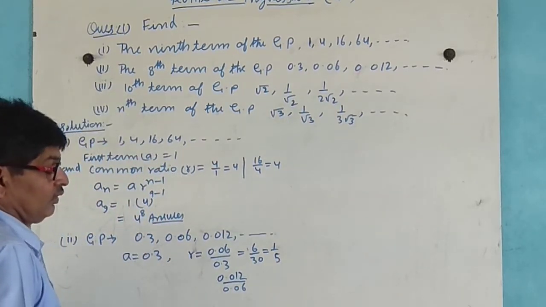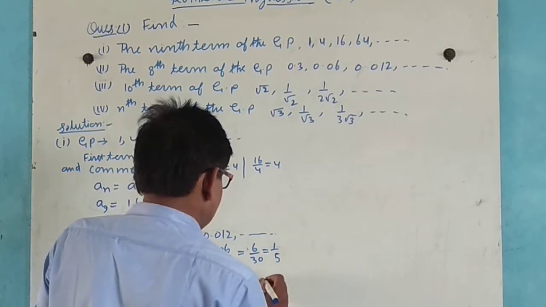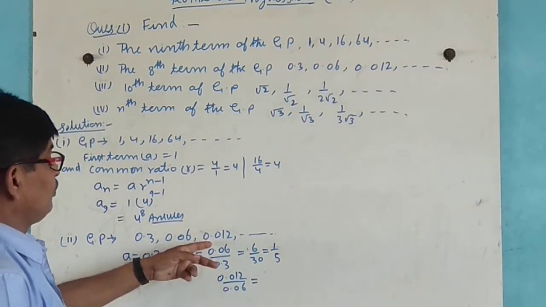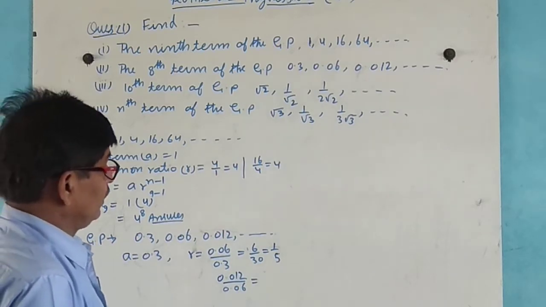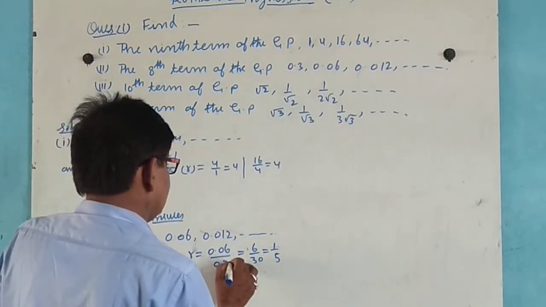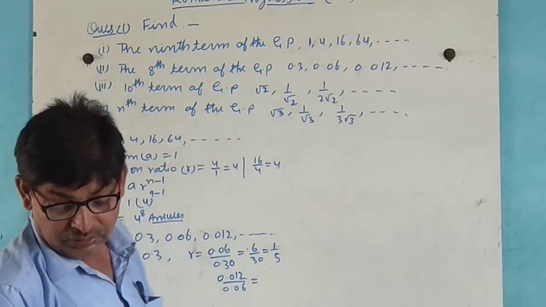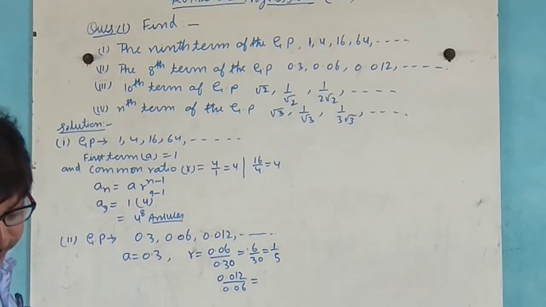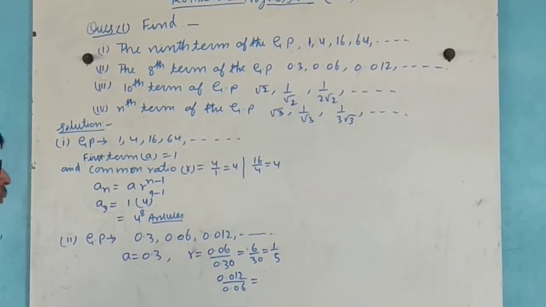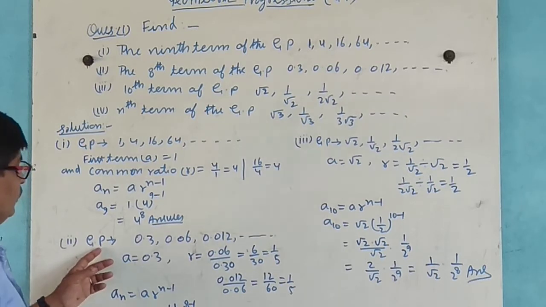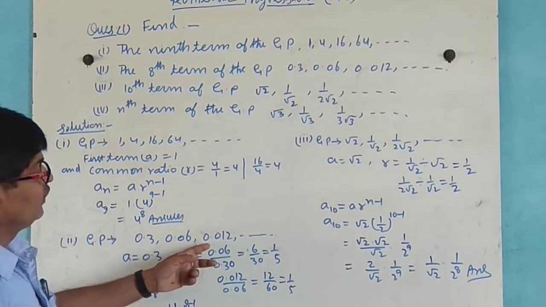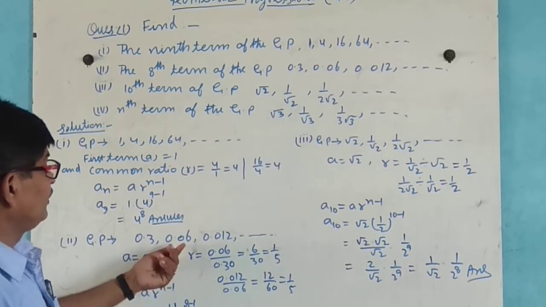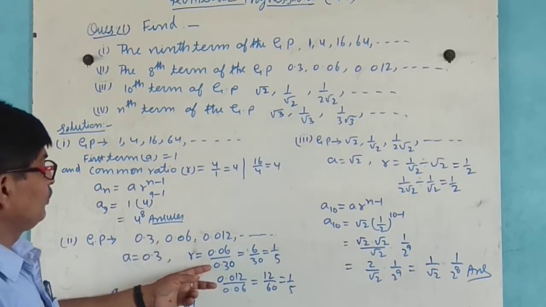Now the geometric progression is 0.3, 0.06, 0.012, with first term 0.3 and common ratio r equal to 0.06 divided by 0.3.